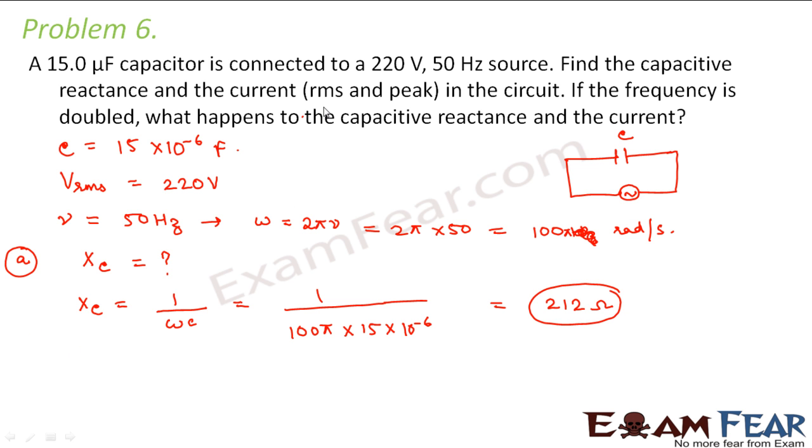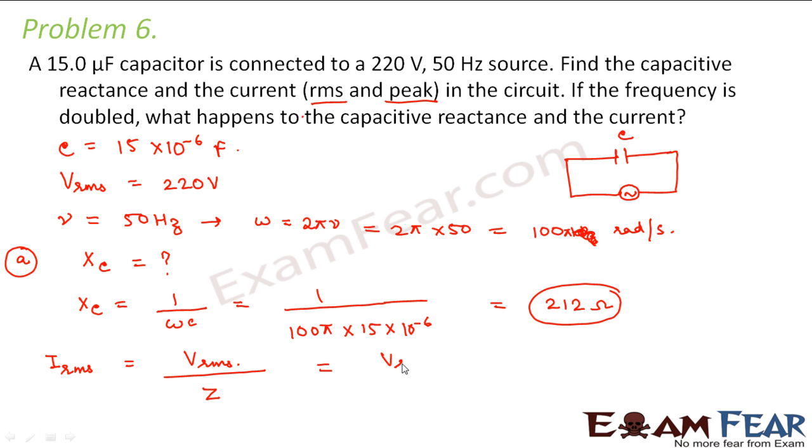And now we have to calculate the value of current, RMS and peak. So let us first try to calculate the RMS current in the circuit. So IRMS would be equal to Vrms divided by the net resistance, that is the net impedance in the circuit.